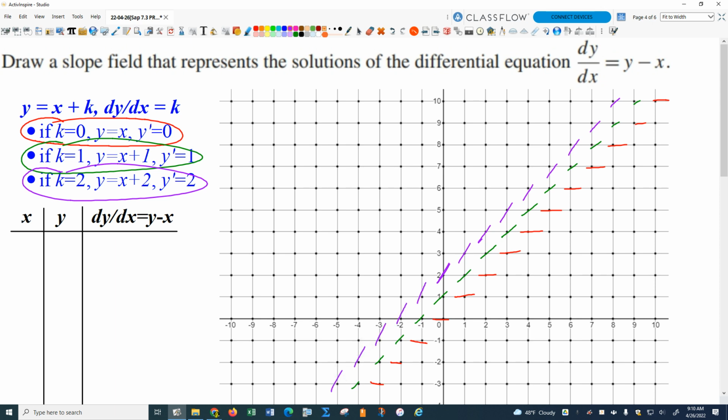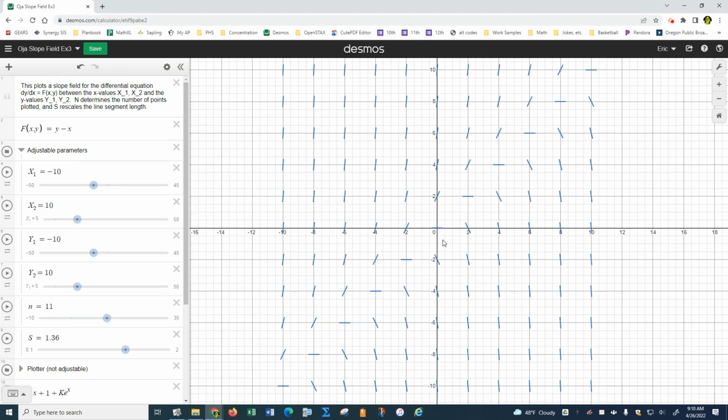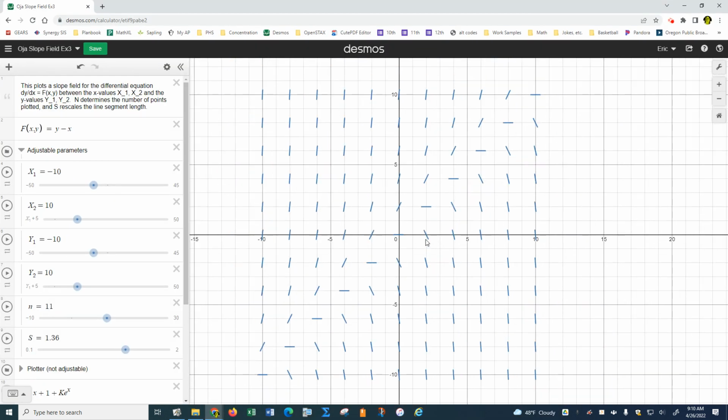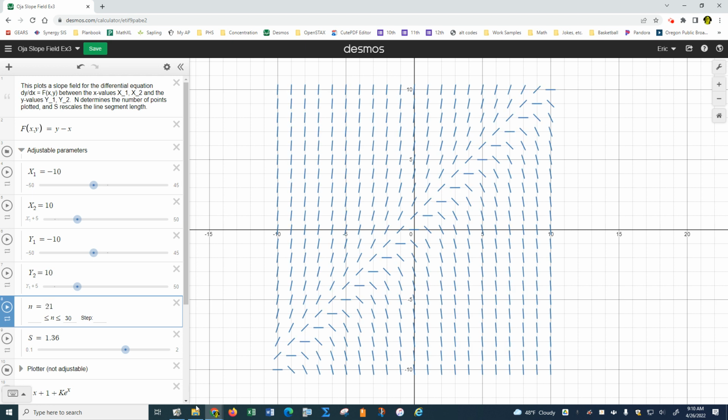So we could fill this thing out pretty quickly if we use strategies like that. Okay, and then what's this look like if we see the whole slope field? Just looks like this. Make sense?